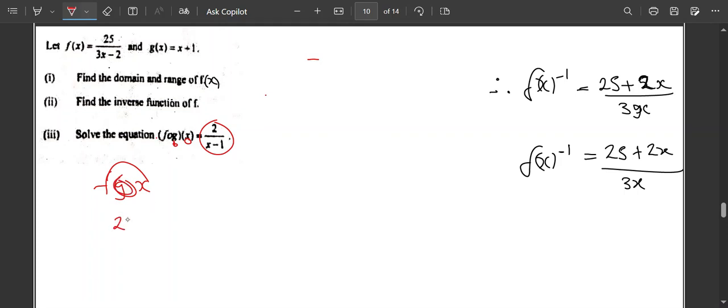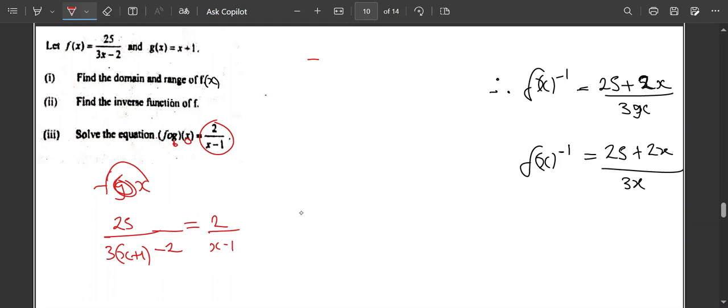So my f of x is 25 over, wherever there's x, I'm putting g of x. So I'll have 3 open bracket, then x plus 1, then minus 2 there. Then they are saying it is equal to 2 over x minus 1.